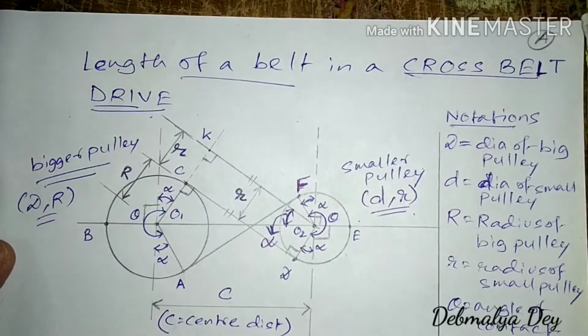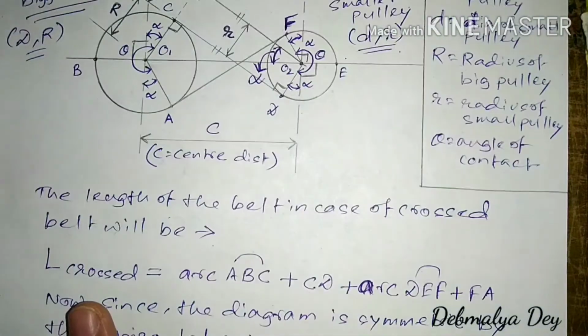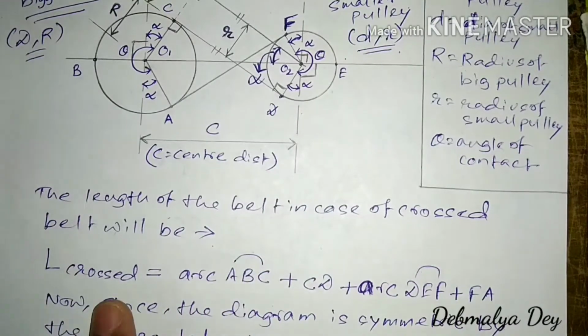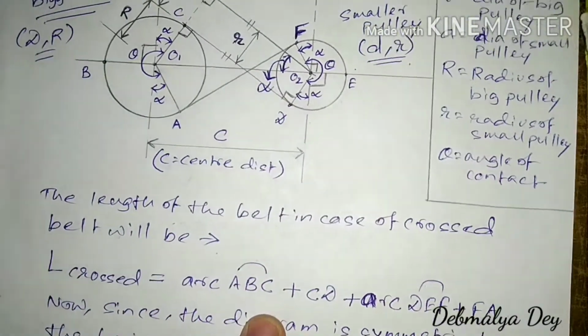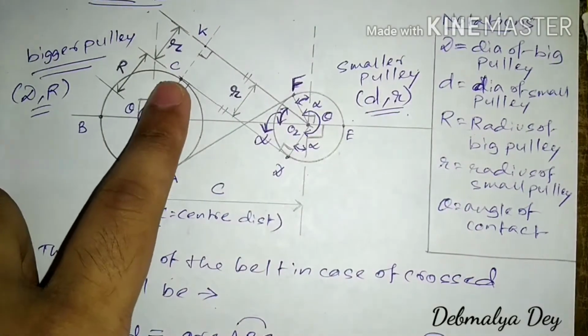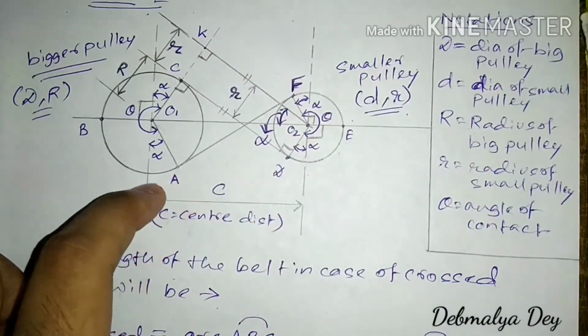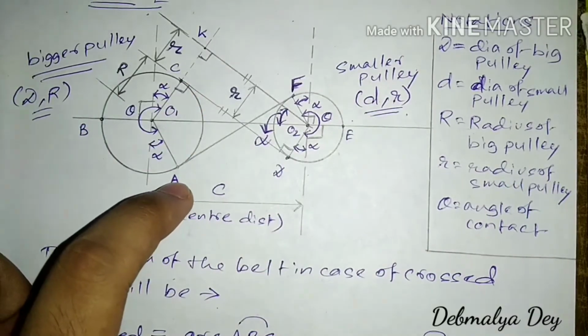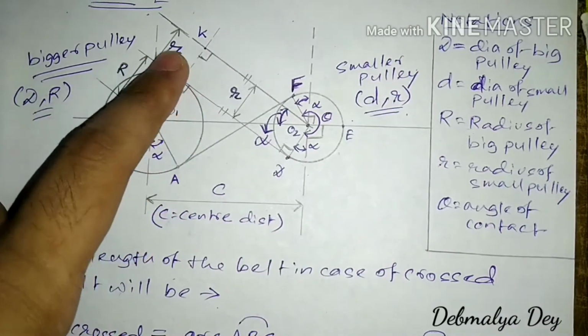Now let us find the length of the belt. The length of the belt in case of cross belt drive will be L crossed equals arc ABC, that means this arc A, B and C. For the bigger pulley the belt wraps from A to C, so we need this arc length ABC.